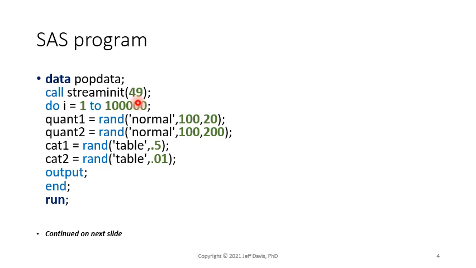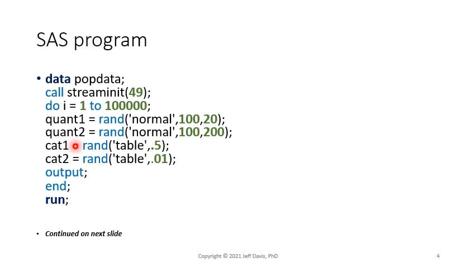We're going to create a population of size 100,000, so we're going to say it has 100,000 people in it. Then like I said, we need to create 4 variables. I have 2 quantitative variables here with very generic names. If you want to give these more meaningful names, go right ahead.